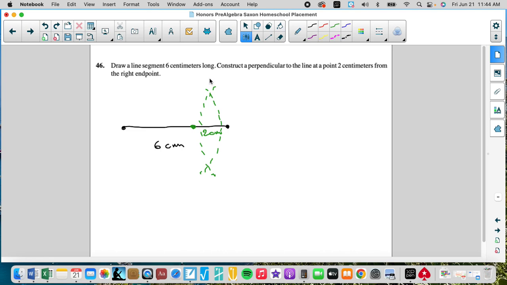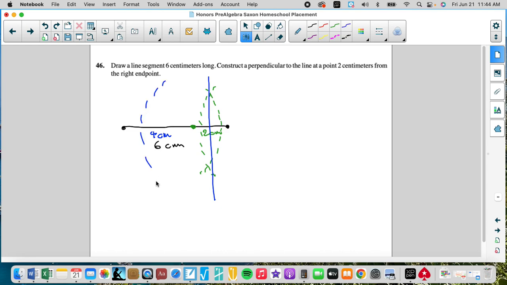Oh, that would be perpendicular 1 inch, sorry. How would I do 2 inches away? That would be 1 inch away, so that didn't work. How would I do it at that point? Well, I know how I would do 2 inches out, because this distance is 4 centimeters, so I would do it in that way.